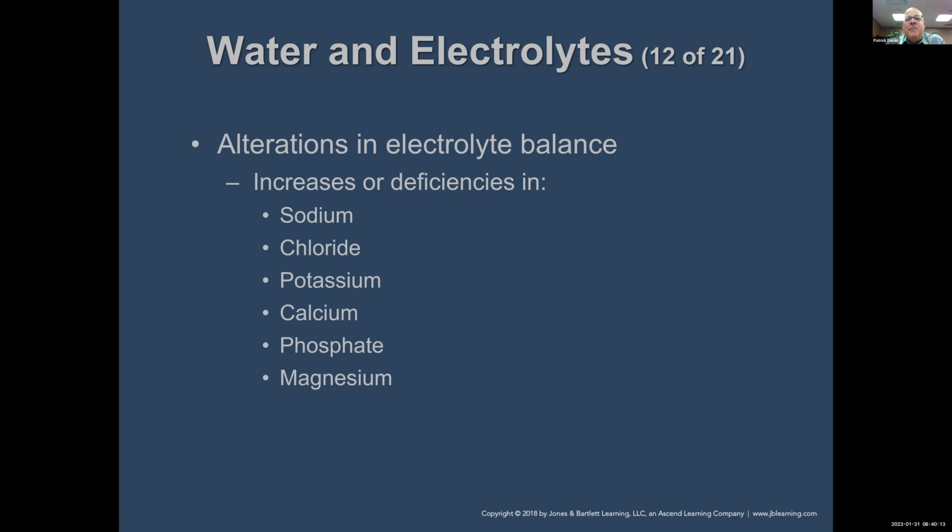And there are some main components in the body, and they're listed here: sodium, chloride, potassium, calcium, phosphate, and magnesium. These are really the big players in what helps keep the body in its normal state, and it helps with transporting and triggering action, right?